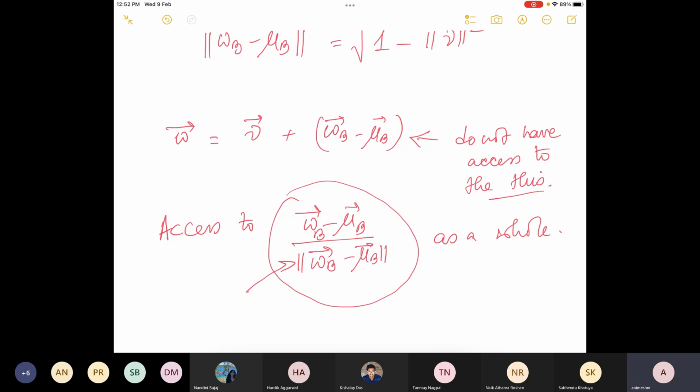So this whole thing comes as a quantity, say A. Now how do I recover WB minus mu B from A?